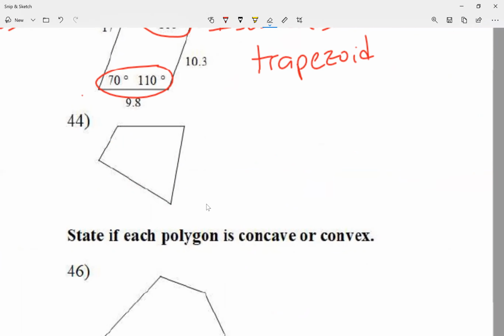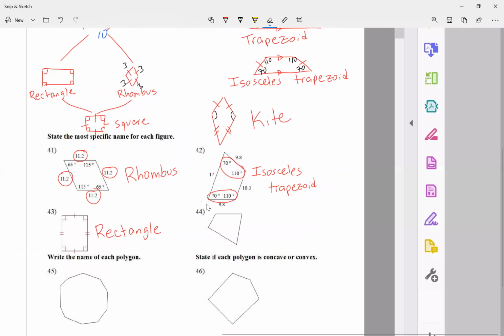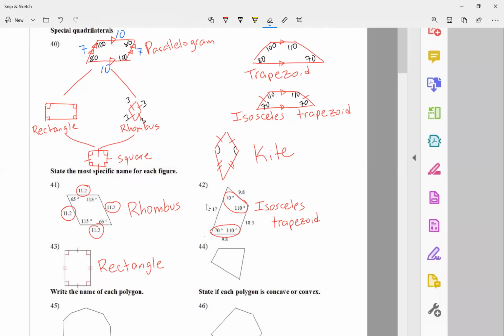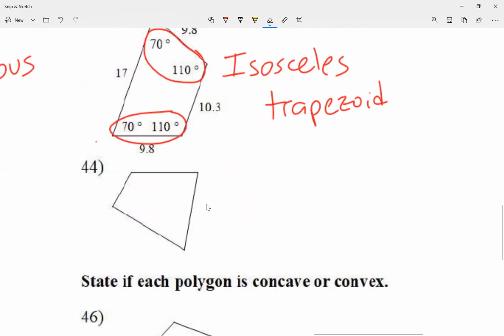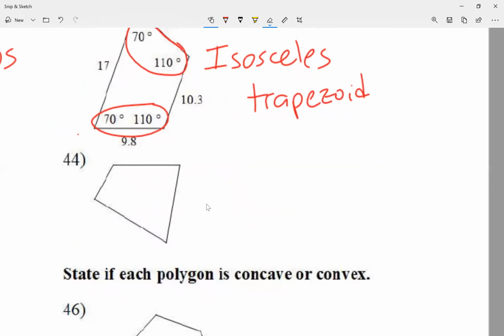Now, in this case, it's neither. I look at my list, it's neither of those, right? It's not a parallelogram, it's not a rectangle, it's not a rhombus, not a square, not a trapezoid, isosceles trapezoid, or a kite. It's neither of those. Therefore, I'm just going to call this a quadrilateral.